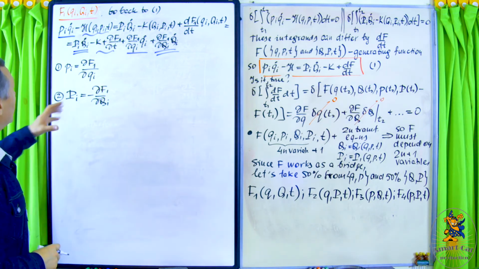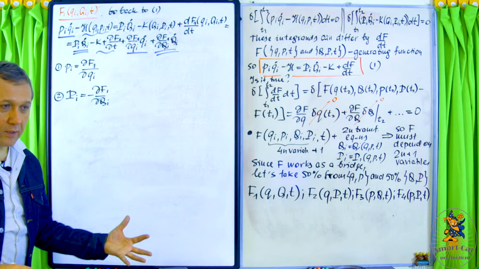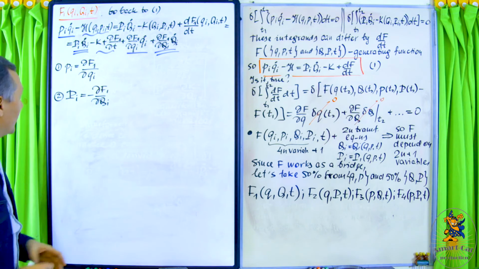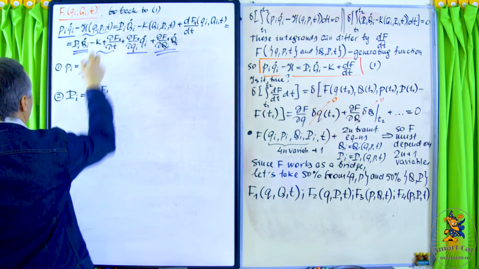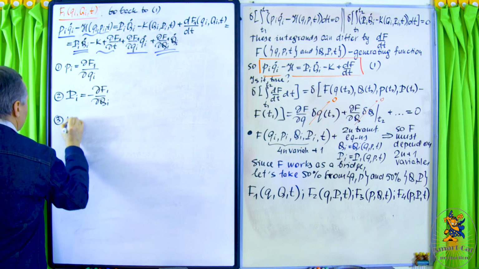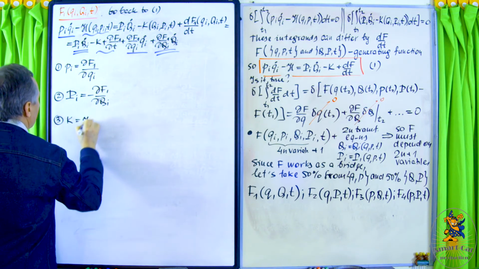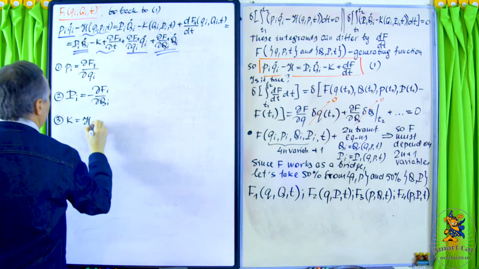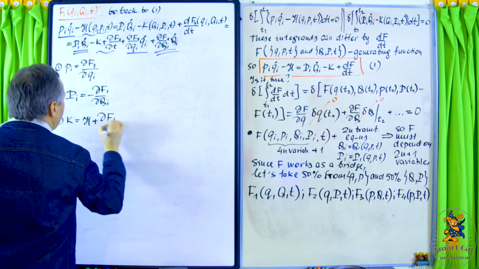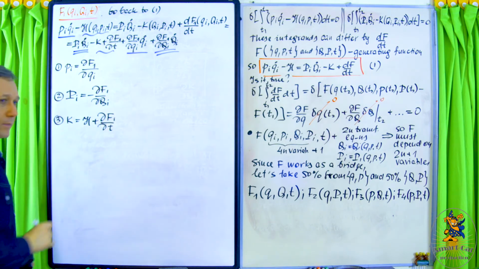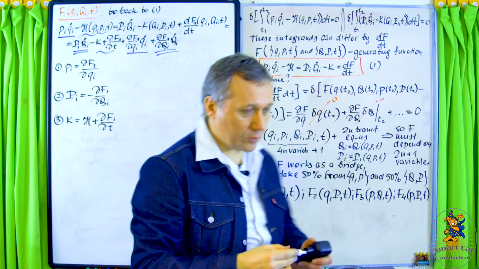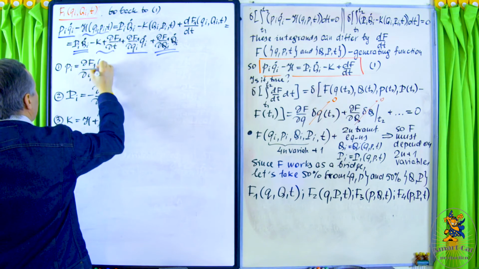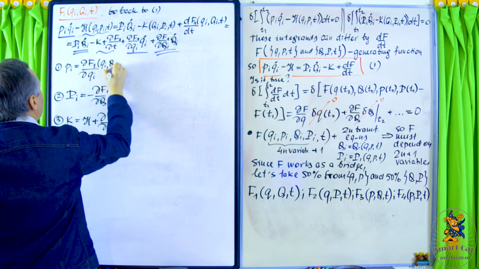And the last equation is going to connect our Hamiltonians, the Hamiltonian in the new world and the Hamiltonian in the old world. So K will be equal to H, plus partial derivative of F1 with respect to t. So time. These are the equations. Next class I will write that down.